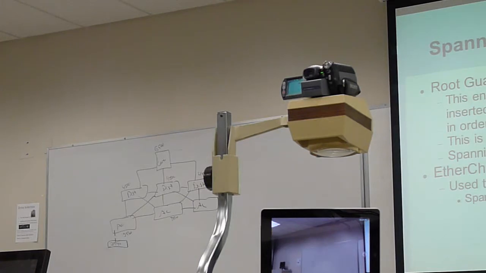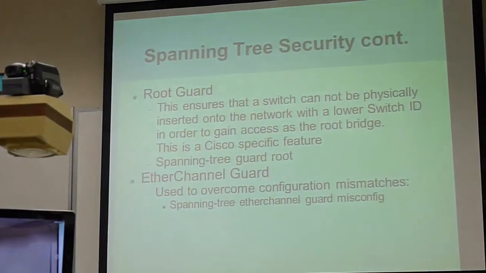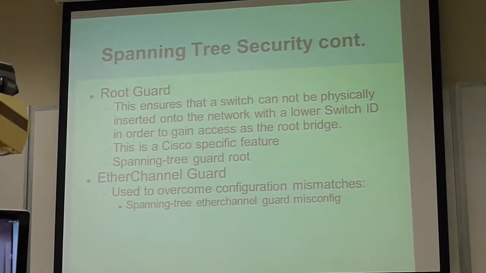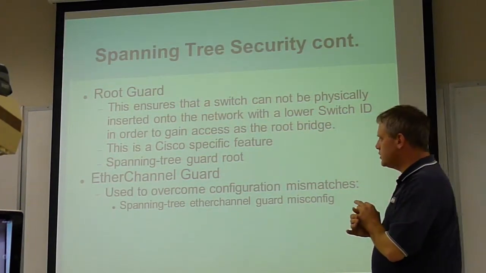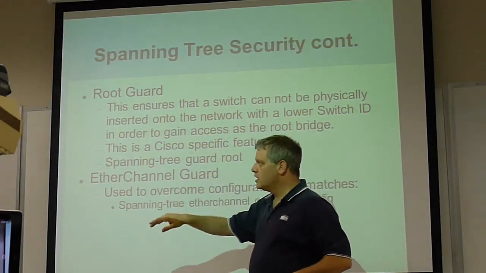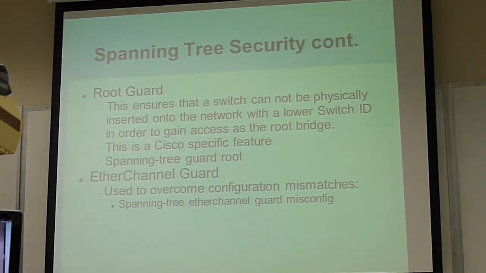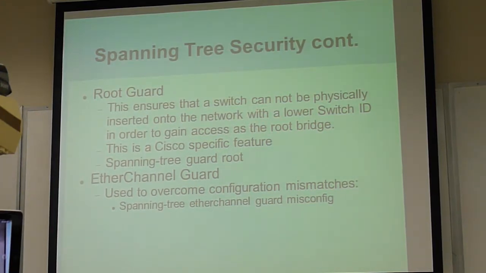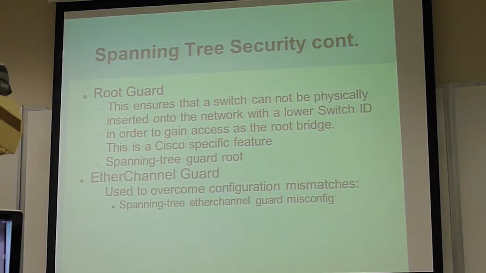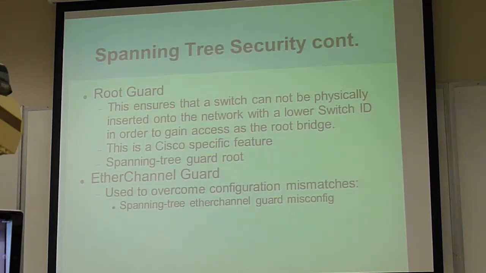EtherChannel guard is used to overcome configuration mismatches in spanning tree. Alright? So with EtherChannel, you can have multiple links between two switches. Like I had with that example where that teacher thought he was going to be really cool and get 300 megabits. You can do that. It's called EtherChannel. Okay?